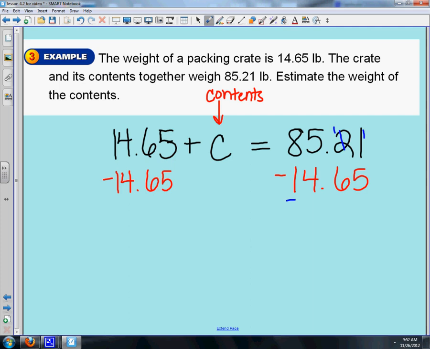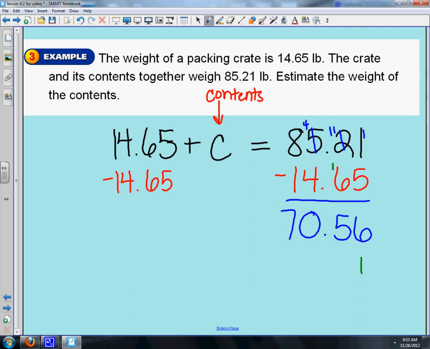So 11 minus 5 is 6. 1 minus 6 I can't do, so this becomes a 4 and this becomes a 1. So 11 minus 6 is 5. And then 4 minus 4 is 0 and 8 minus 1 is 7. So 70.56.